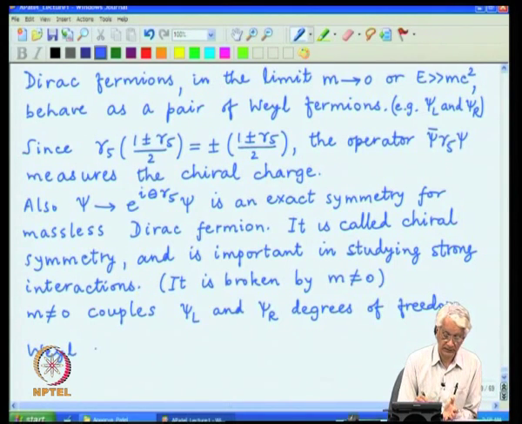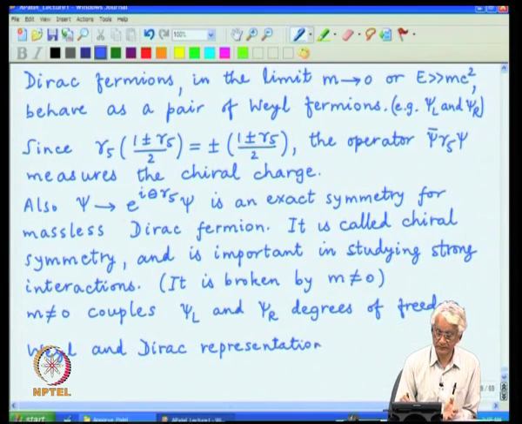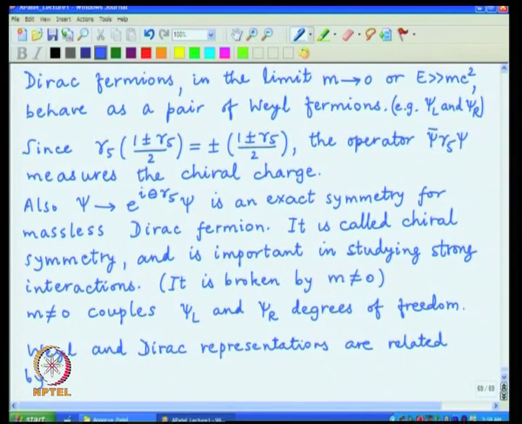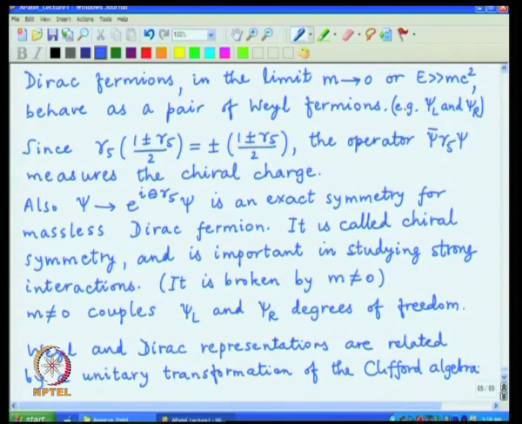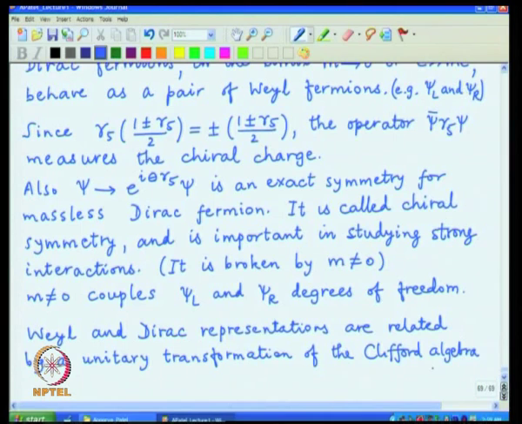So, the Weyl and Dirac representations are related by a unitary transformation of the Clifford algebra, and if one requires, it can be easily constructed.